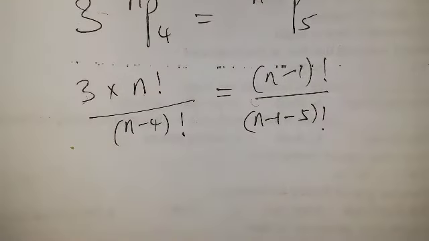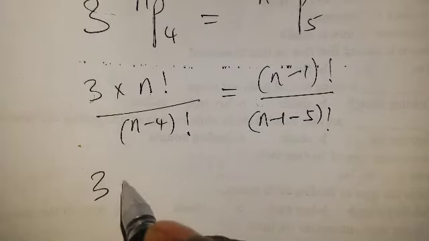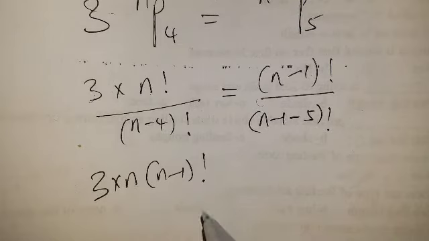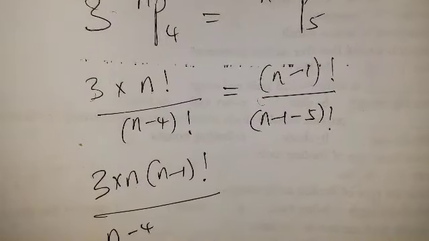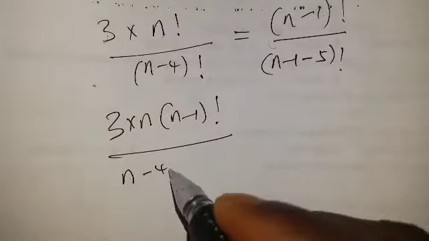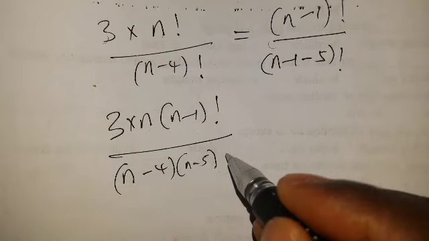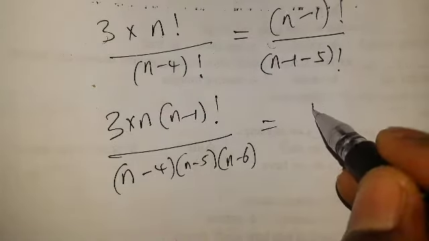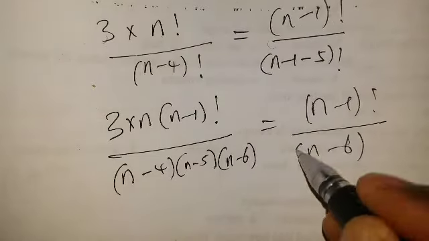So this can be expressed as 3 times n into (n minus 1) factorial over (n minus 4) into (n minus 5) into (n minus 6) factorial, which is the same thing as (n minus 1) factorial over (n minus 6) factorial.